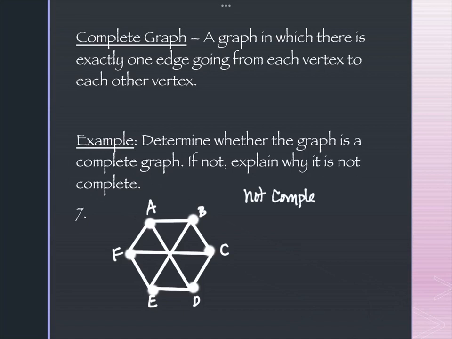And all it takes for it to not be complete is for one of those edges to be missing. So there's lots of them that are missing, actually. So we can list one. There is no edge AC, which doesn't exist. There's a path that gets us there. That's fine. Walk that gets us there. Totally cool. But there's no edge that gets us there.